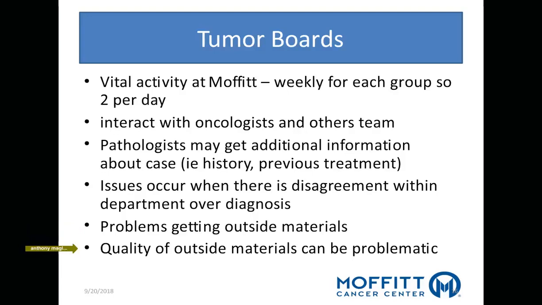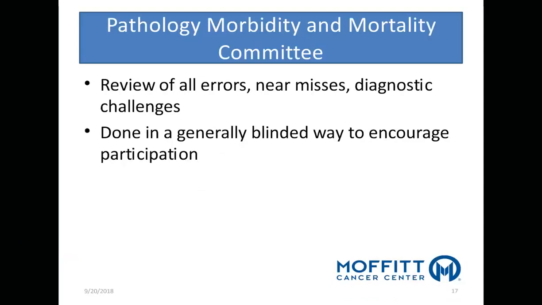In addition, we've observed that sometimes the quality of outside material can be problematic, and that the expertise or staining quality may not be as good in some of the smaller centers, and that can also provide problems with interpretation. So one should be aware of that. In addition, the quality of external biomarker studies may also be variable, and sometimes this does demand that certain studies be repeated to ensure that the information is as correct and complete as possible for patients.